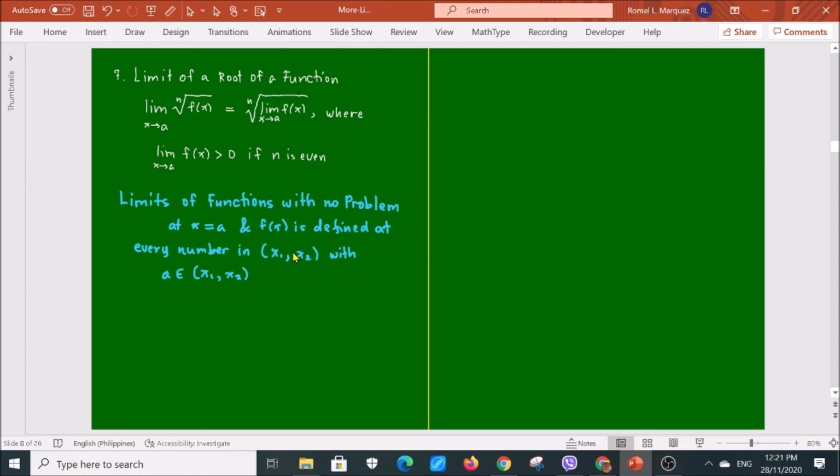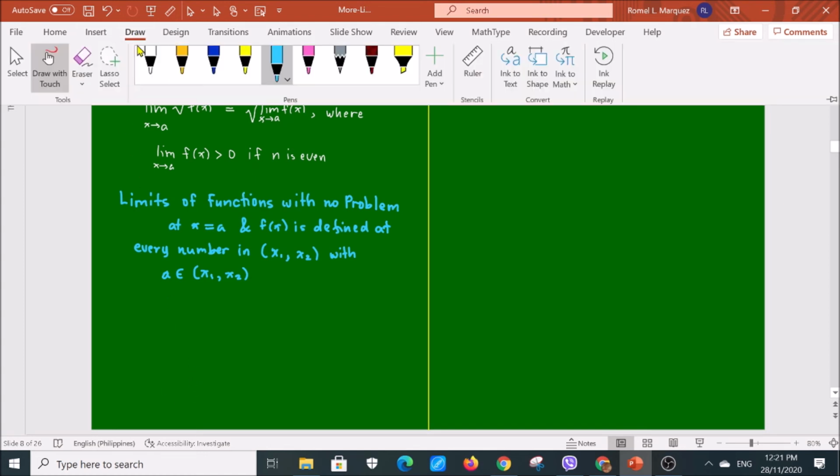So it is guaranteed that there is no problem for the function in this interval. You can always use the limit peacefully, with a peaceful mind. You do not have to worry about any problem.